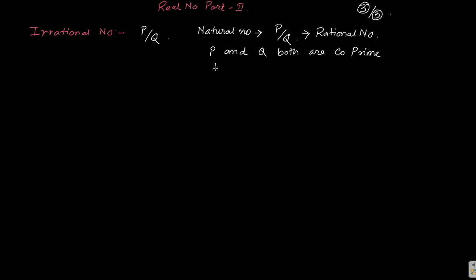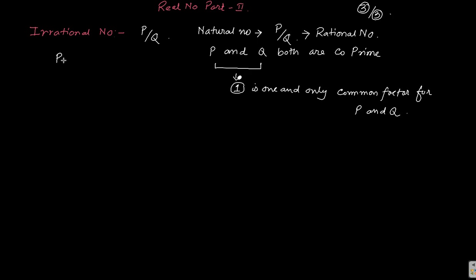It means both have only one common factor, that is 1, for p and q.